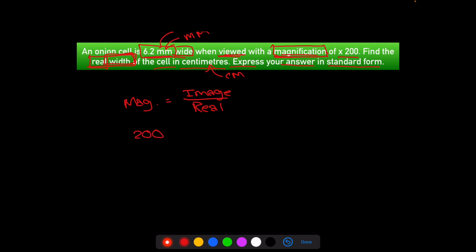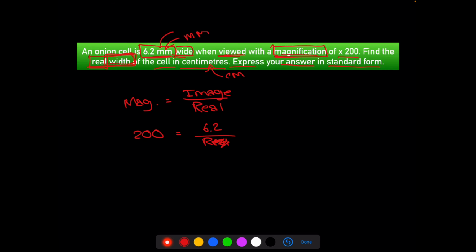I'm not going to say times 200 because the times is just a sign. 200 is equal to the image, which is 6.2 millimeters, over the real, or R, if you want to call it R, whatever it is. So 200 is equal to 6.2 divided by the real, which is R.